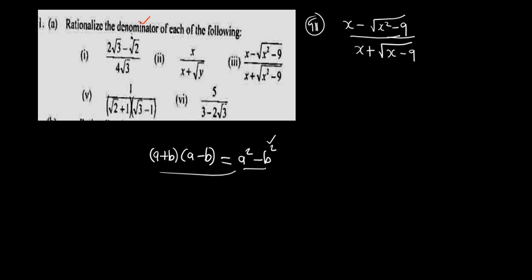Alright, so what we are going to do is, we are interested in the denominator, right? So we'll say x minus root of x squared minus 9, this is the numerator. So I'll multiply this numerator times the denominator conjugate, right? Remember we have x plus root of x minus 9 as the denominator.